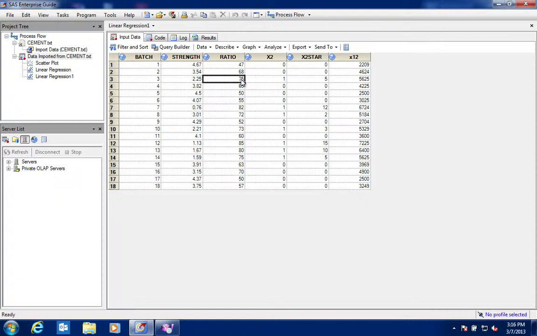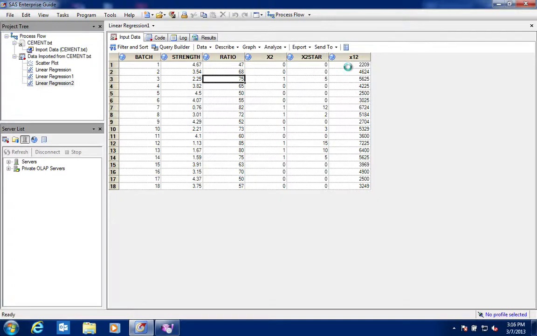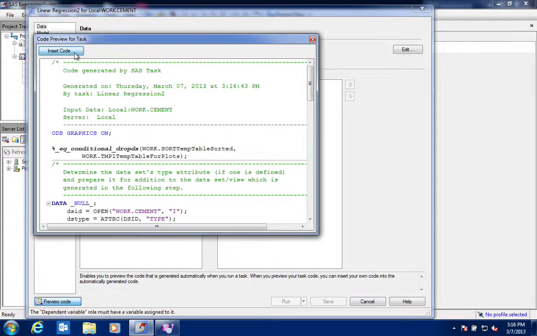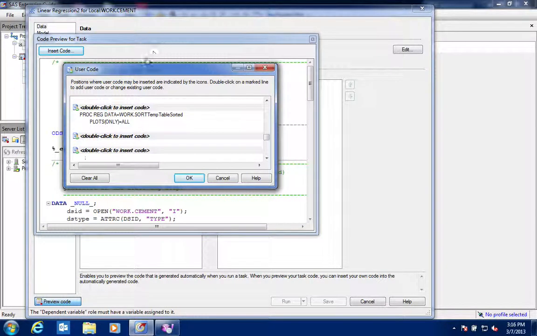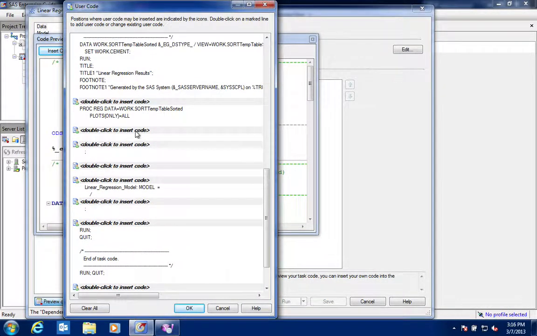So this is the response variable, strength. Ratio is one variable, and the other variable is just x2 star, right? This one. Okay, let's do that. Analyze, regression. And remember that when you want to report, you have to write the model, right? You should indicate K, and K here is almost clear to us, how much was K on the graph, remember?